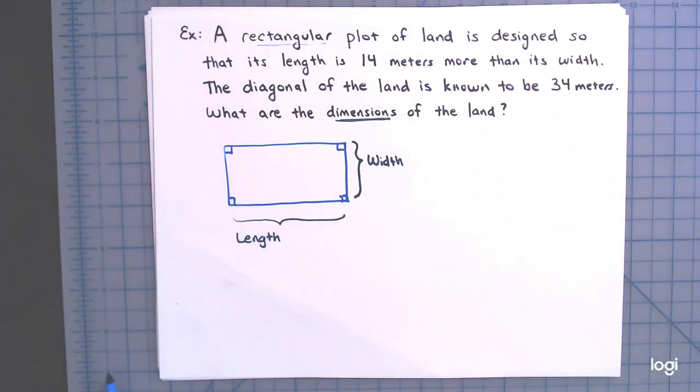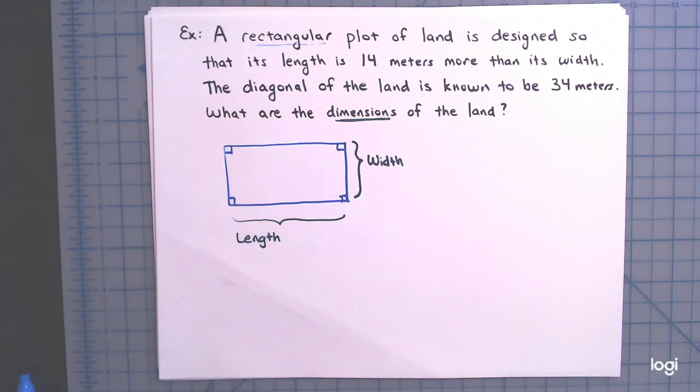Well, we don't know the length and we don't know the width. Okay, so call them something. Now you could use multiple variables. You just got to be careful. The more variables you introduce, the more equations you're going to need to write to be able to rectify the problem.